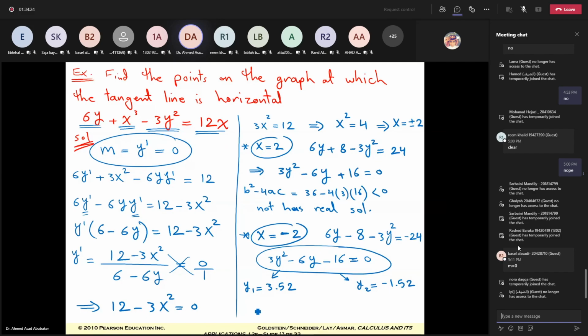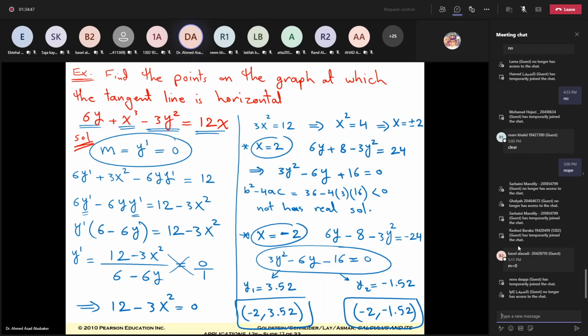So we have 2 points: negative 2 and 3.52, this is the first point. At this point, we have a horizontal tangent line. And the second point, negative 2 and negative 1.52.